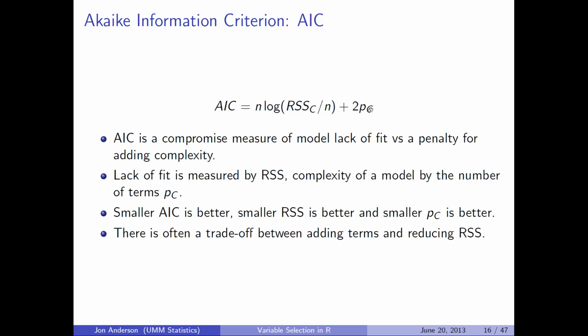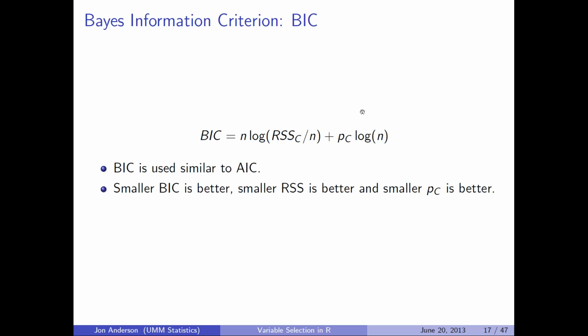So it's a way to get an efficient, parsimonious model. In general, as it says in the third bullet, smaller is better for AIC. Better models have smaller AICs.